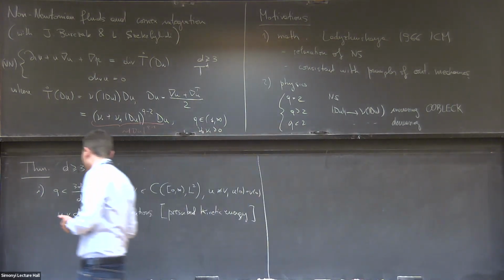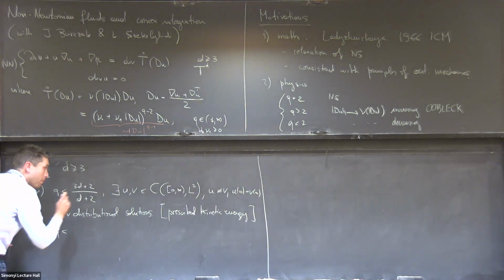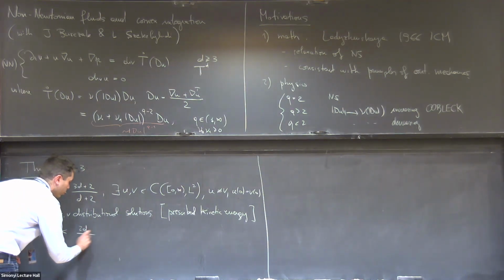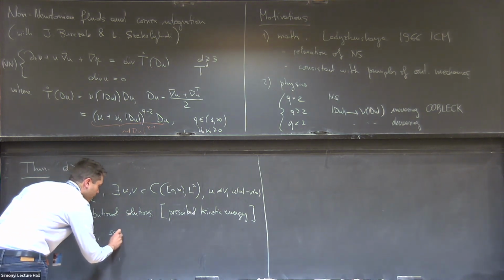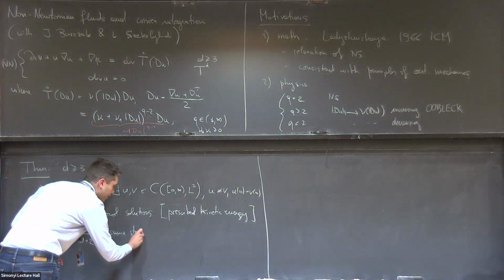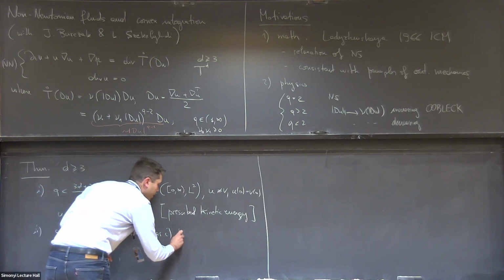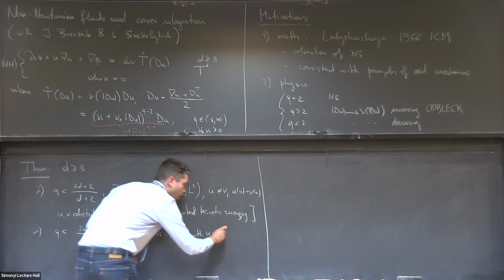The second statement is something better if we are below the compactness exponent. If q is less than 2d/(d+2), we have the same statement as 1, non-uniqueness, but with u and v Ladyzhenskaya solutions.